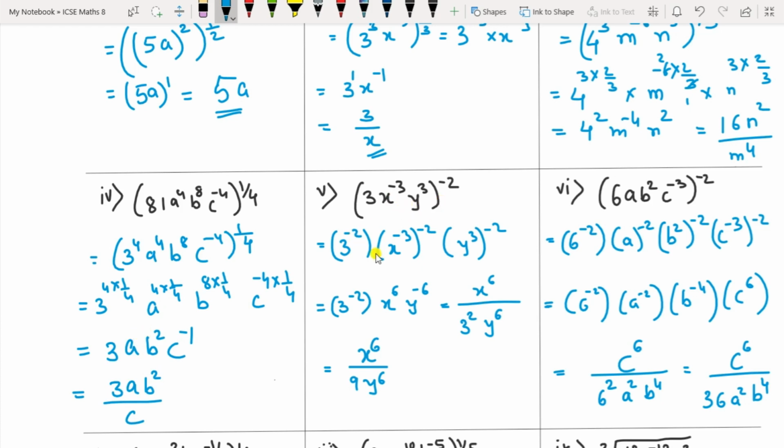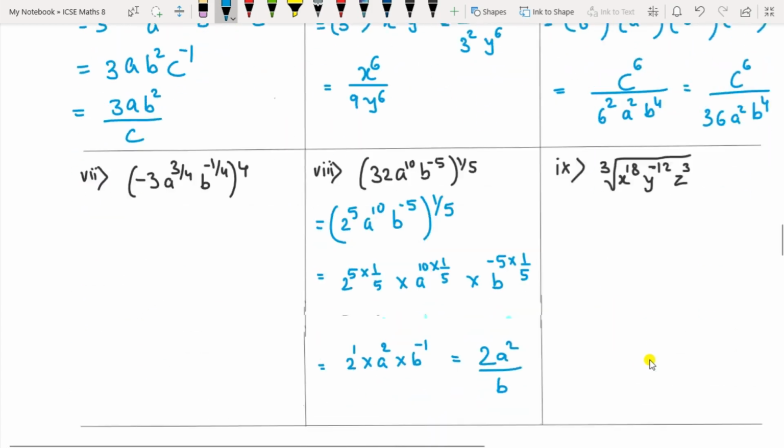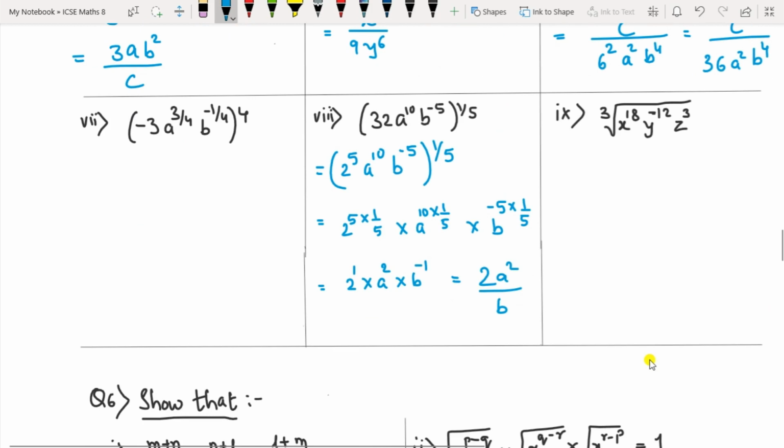Similarly, this question you can see here. So go through it. Now you must have understood how to do the sum. So now let us see this one. This becomes minus 3 raised to 4, a raised to 3 by 4 into 4, and b raised to minus 1 by 4 into 4.